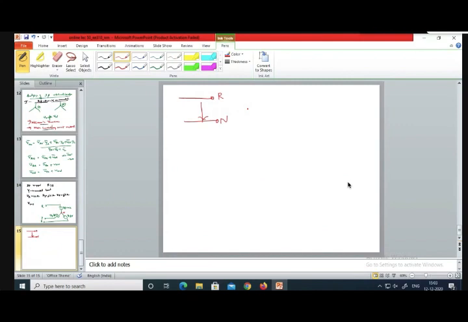So what do you denote this one as? You denote this one as VRN. If you measure the voltage of Y phase with respect to N, it is nothing but VYN. If you measure the voltage with respect to neutral of B phase, you call this VBN.